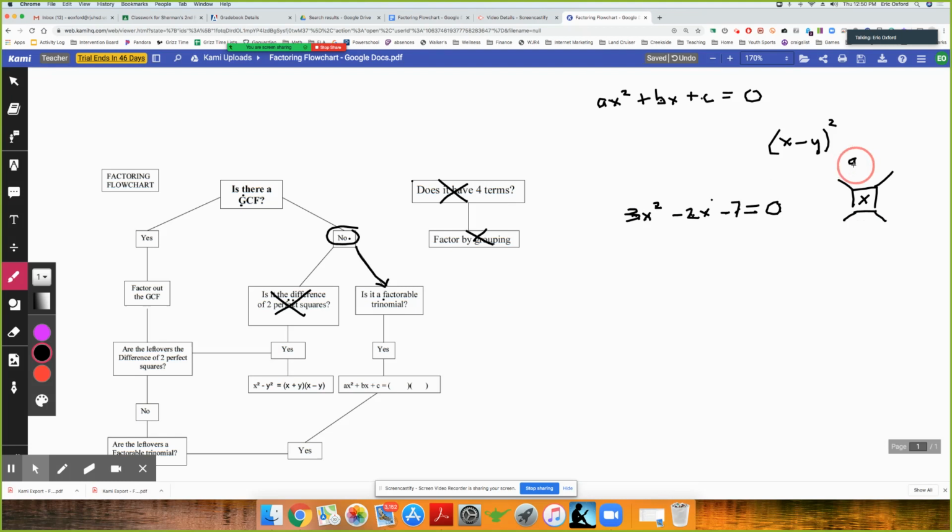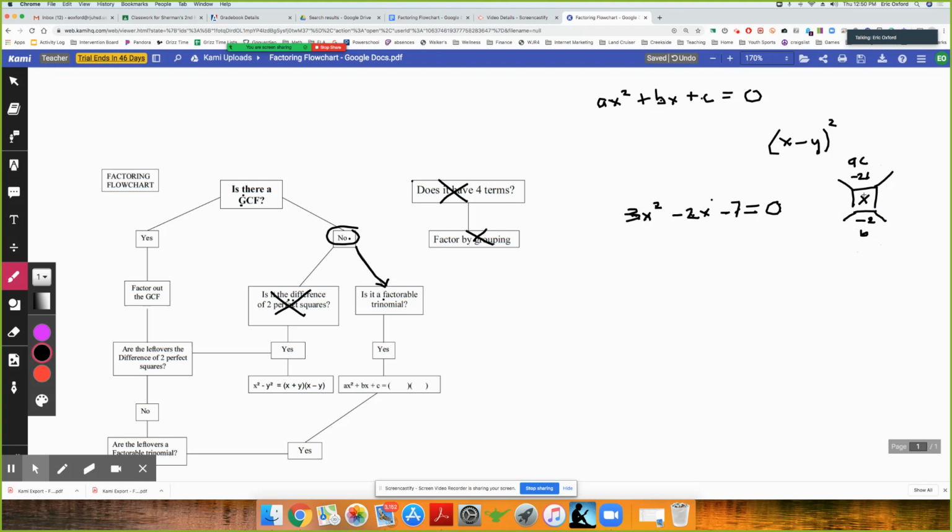Up here we have a times c, and this is your a, so that'd be 3, and this is your c, negative 7. So 3 times negative 7 would be negative 21, so we'll put that up there. Down in the bottom of the X box, you put your b term, which is negative 2.